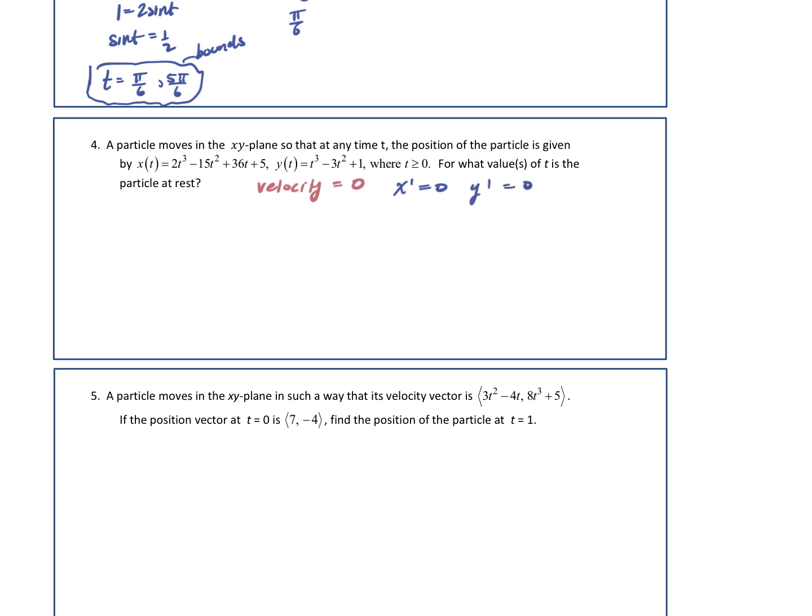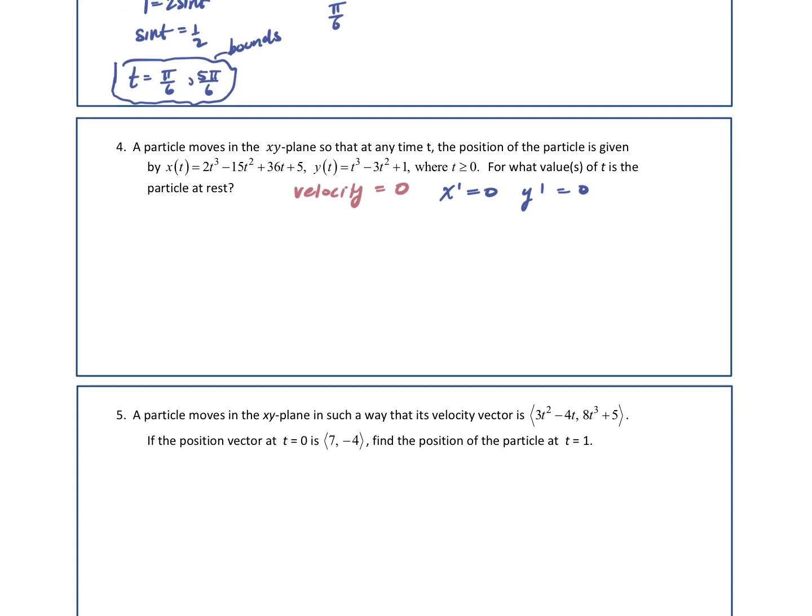Okay, so I'm just going to go ahead and solve this. So x prime of t is equal to 6t squared minus 30t plus 36. Take out a 6, and then I'm going to factor it. So t squared minus 5t plus 6.